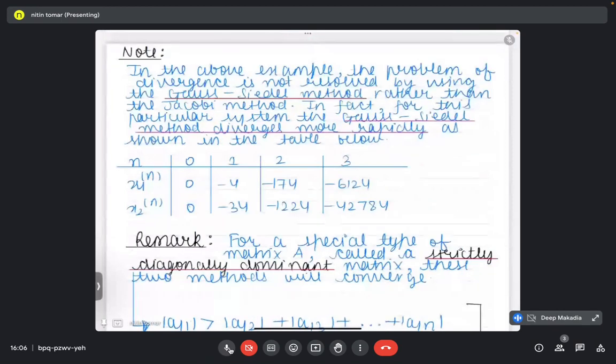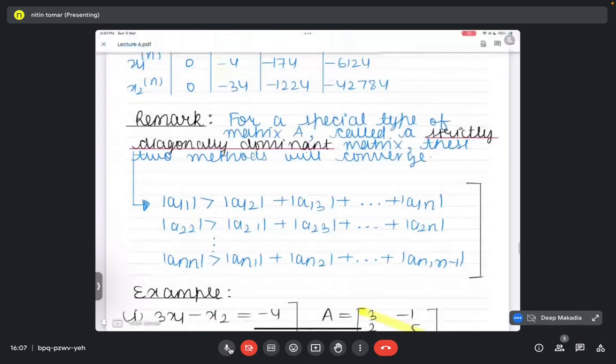So in this picture, the notion of a diagonally dominant or strictly diagonally dominant matrix comes in. So you know what a strictly diagonally dominant matrix is? Yes, precisely what is written on the screen.